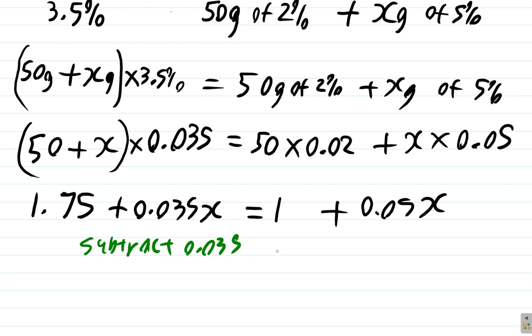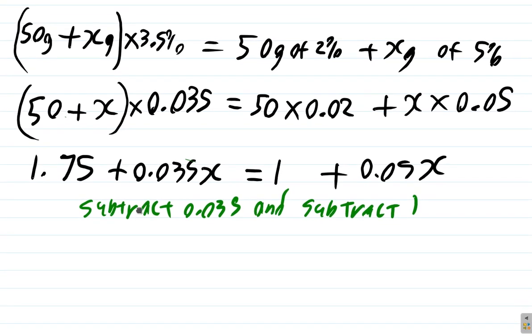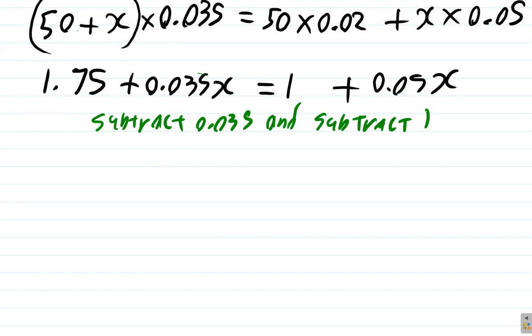And we could do two subtractions at once, and subtract 1 from both sides. Let us do both subtractions at once. You can try it again and do one at a time, but let's do two subtractions at once.